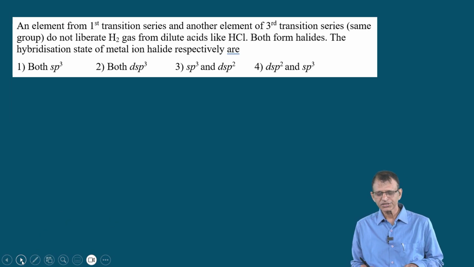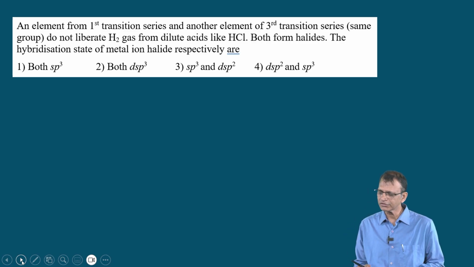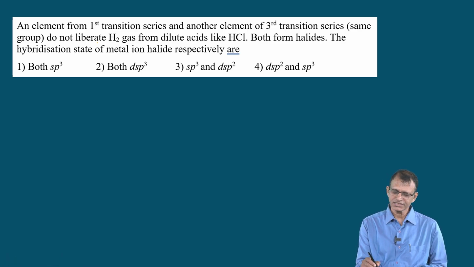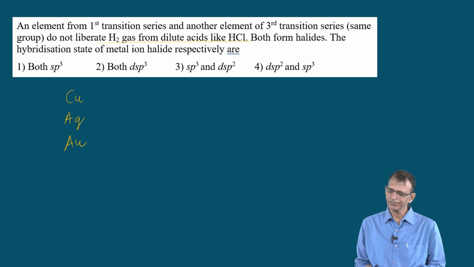Moving to the next question: an element from the first transition series and another element from the third transition series, same group, do not liberate hydrogen gas from dilute acid like HCl. So this information is telling that it could be copper, silver and gold, and both form halides.